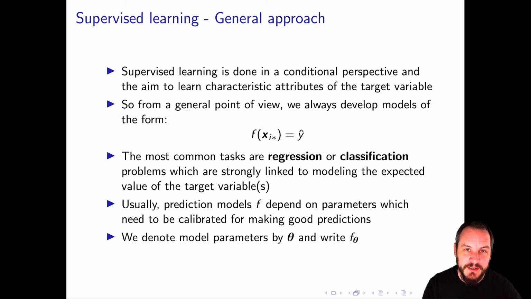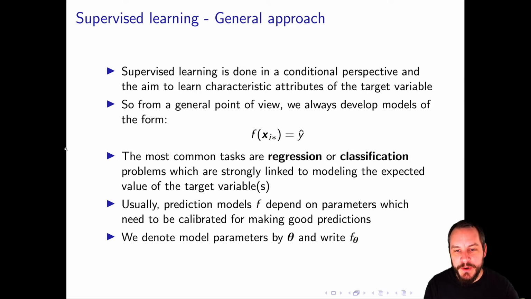We're trying to predict something about the target variable, and to fulfill this task, we aim to find an appropriate function, so an appropriate functional relationship between the feature variables and the prediction. So most common are so-called regression or classification problems.